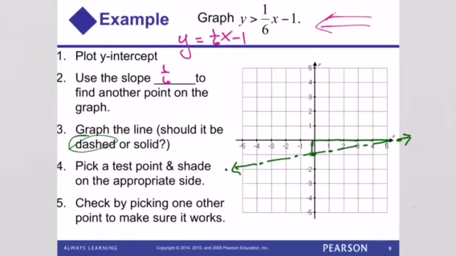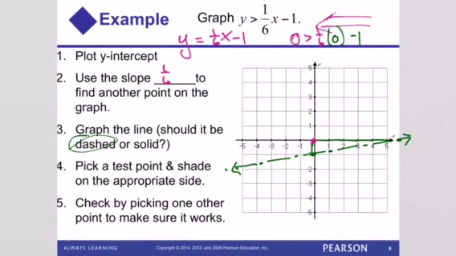The easiest test point is always 0, 0 if you're very clear about which side of the graph it's on. So if I try 0, 0 in my equation, remember it's the original equation, I get y is greater than 1/6 times 0 minus 1, and I'm going to let y be 0 also because I'm substituting the point in.